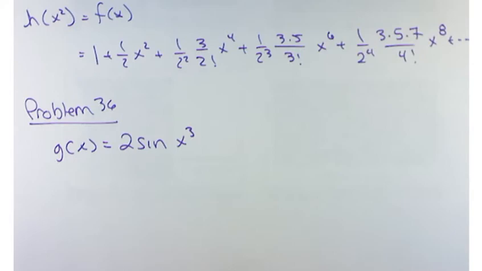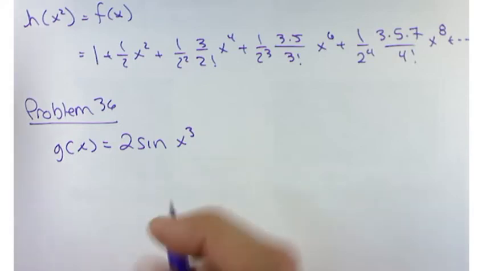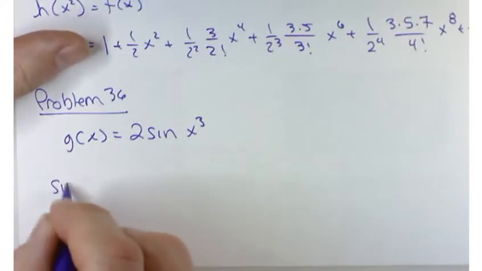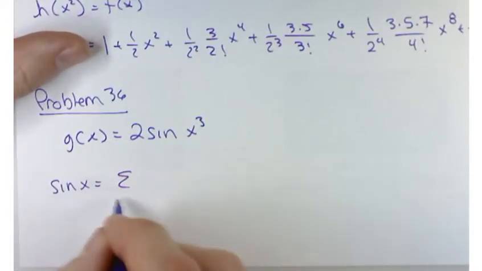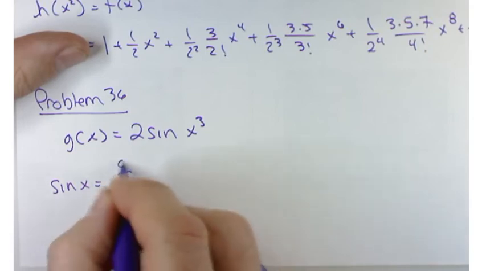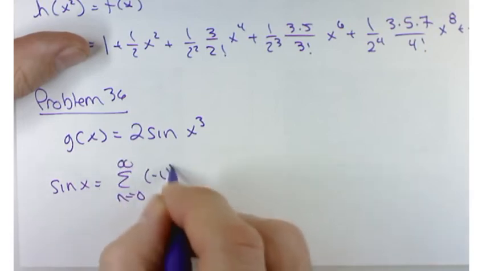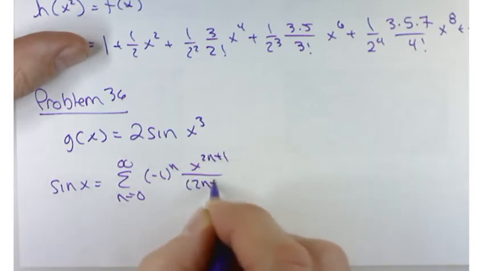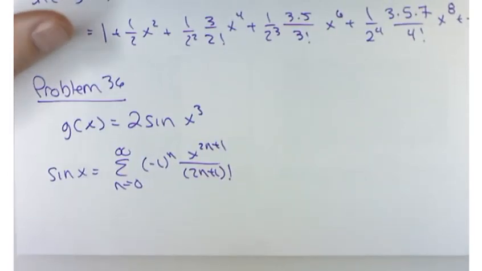So the problem says find the Maclaurin series for the function. Use the table of power series for elementary functions on page 670. So we've got a formula for this series. Sine of x is the sum from n equals 0 to infinity of negative 1 to the n, x to the 2n plus 1 over 2n plus 1 factorial.